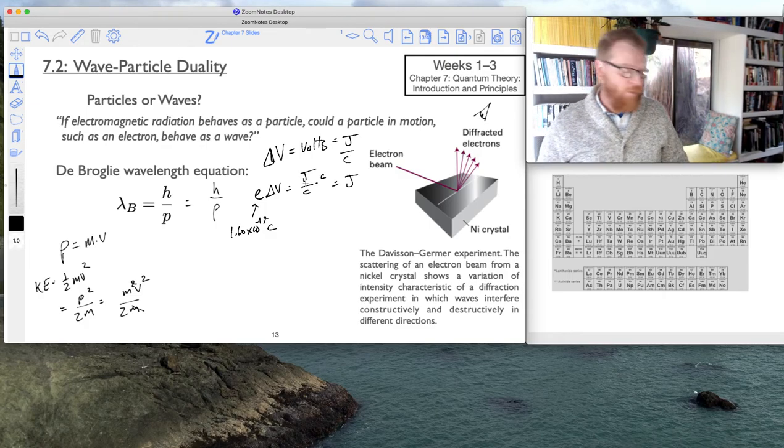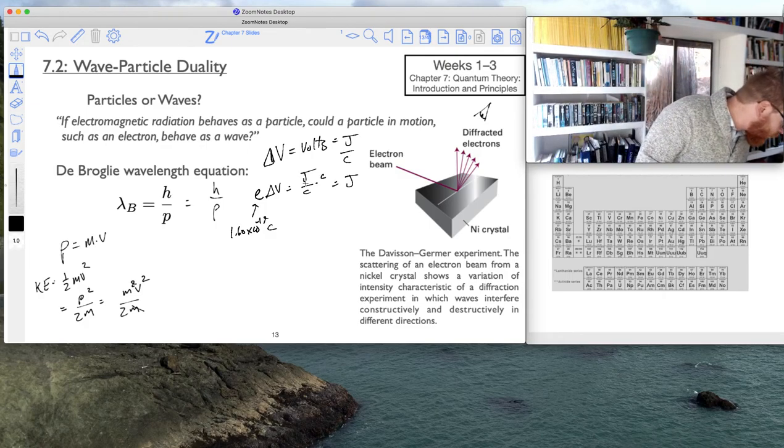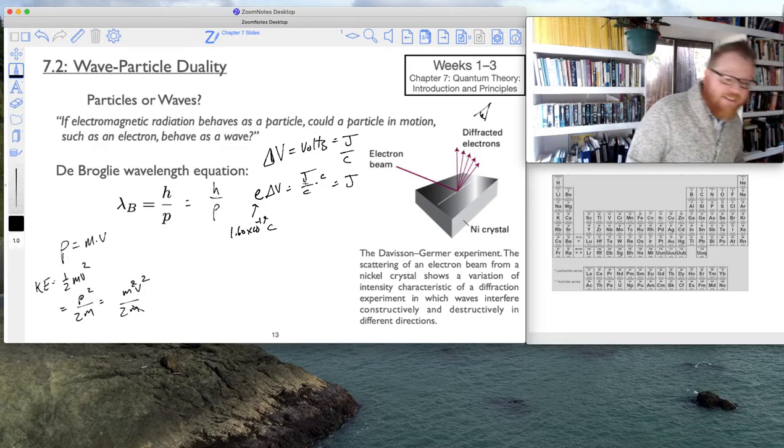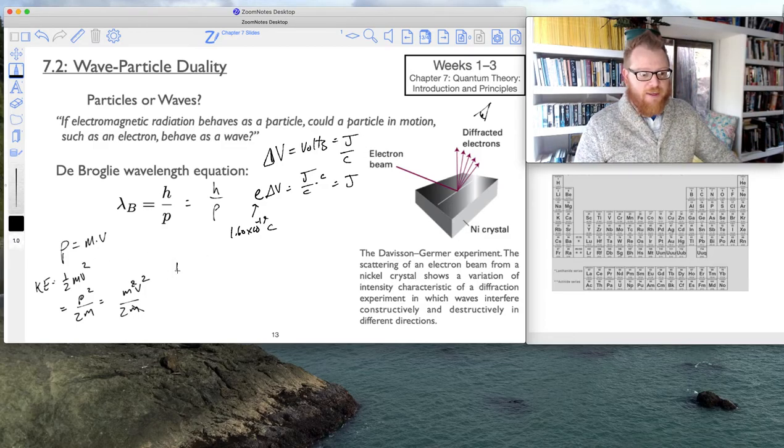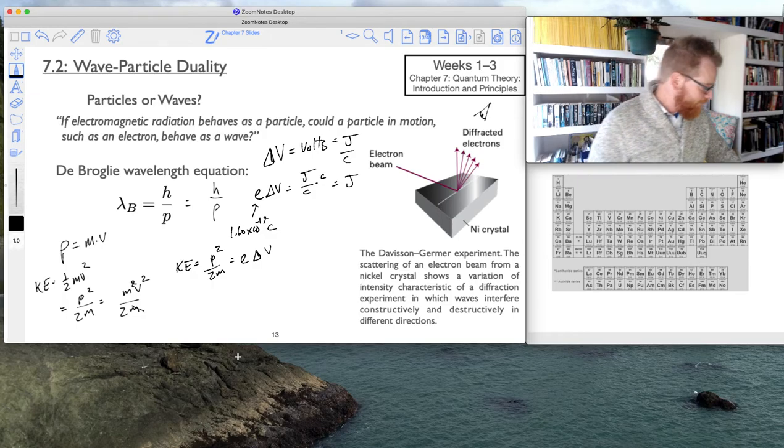All right, very cool. And so what I can do is now set the kinetic energy equal to 1/2 mv squared, which is also equal to p squared divided by 2m, which we know is also equal to e times delta V. Okay?